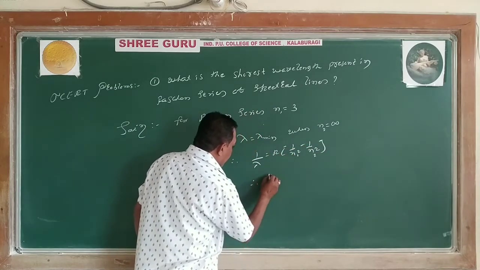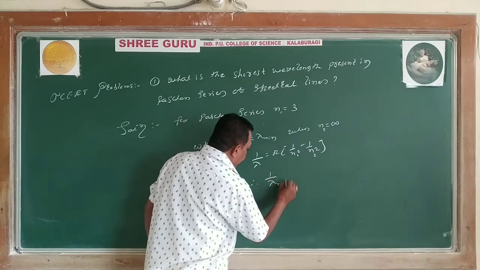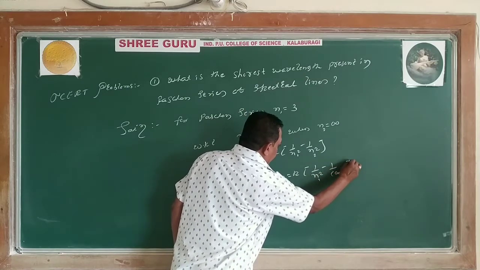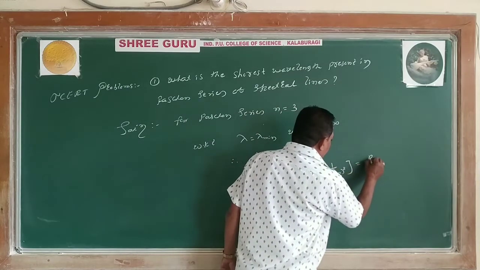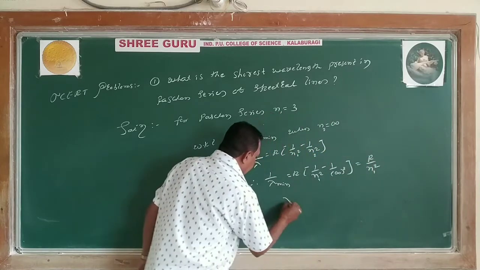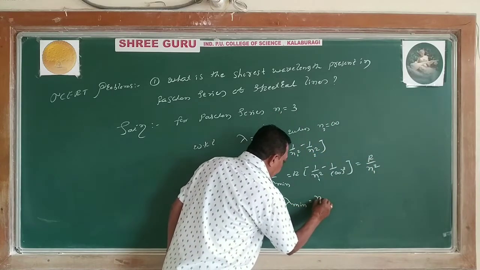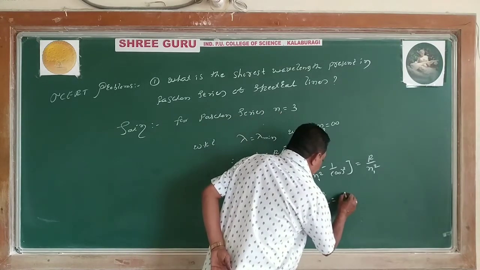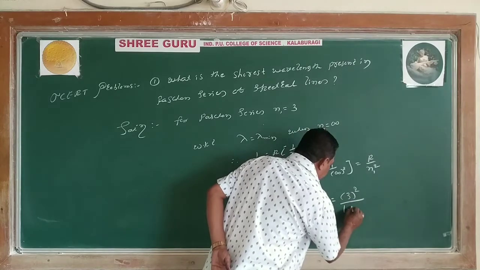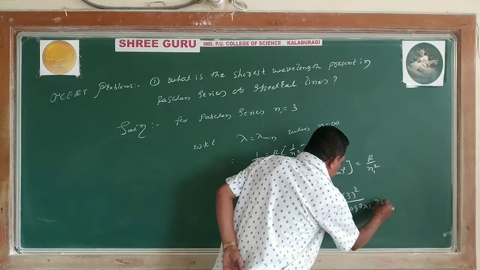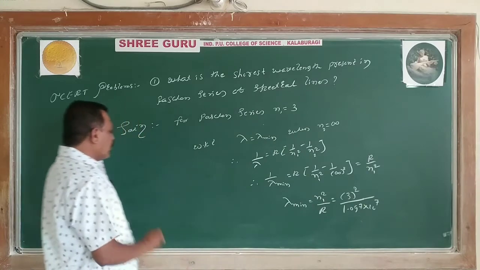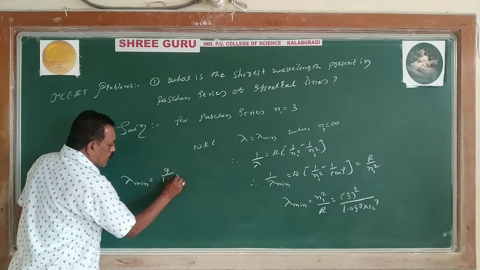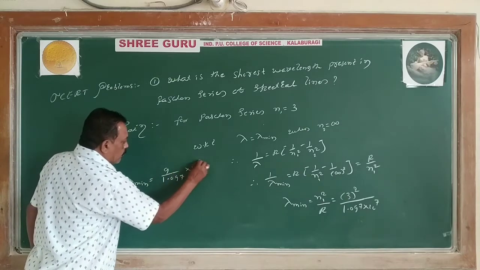Therefore, 1 by lambda minimum equals R times 1 by n1 square minus 1 by infinity square. So this is nothing but R by n1 square. Lambda minimum equals n1 square by R. n1 equals 3, so 3 square, R equals 1.097 into 10 to the power of 7. So lambda minimum equals 9 divided by 1.097 into 10 to the power of 7 meter.